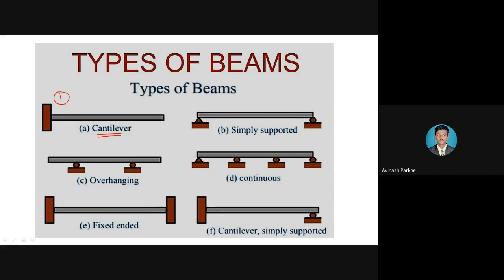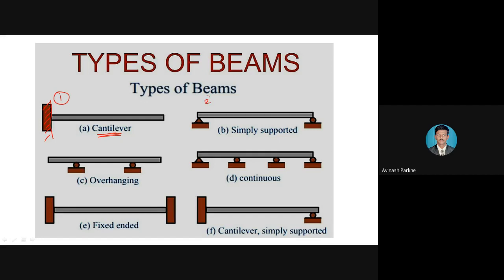The first diagram represents the cantilever beam, in which one end is fixed, meaning the left side of the beam is fixed, and the right side of the beam is totally free. If the structure is given like that, then this beam is called a cantilever beam. Once again, I will repeat the definition: the beam whose one end is fixed and another end is free is called a cantilever beam.